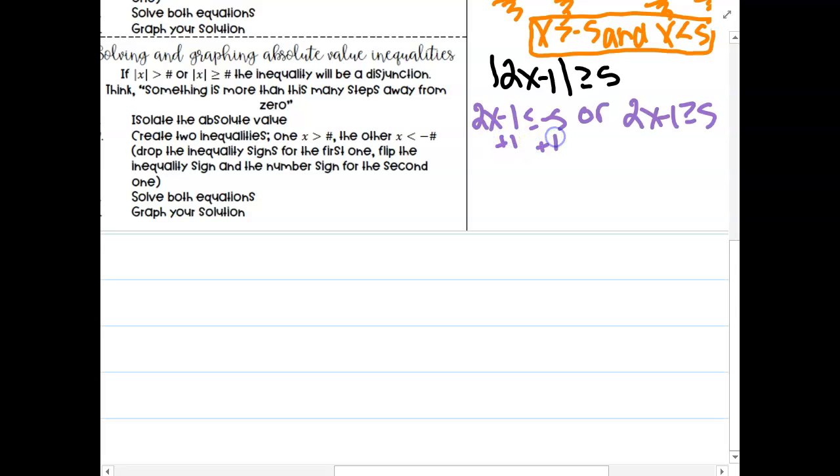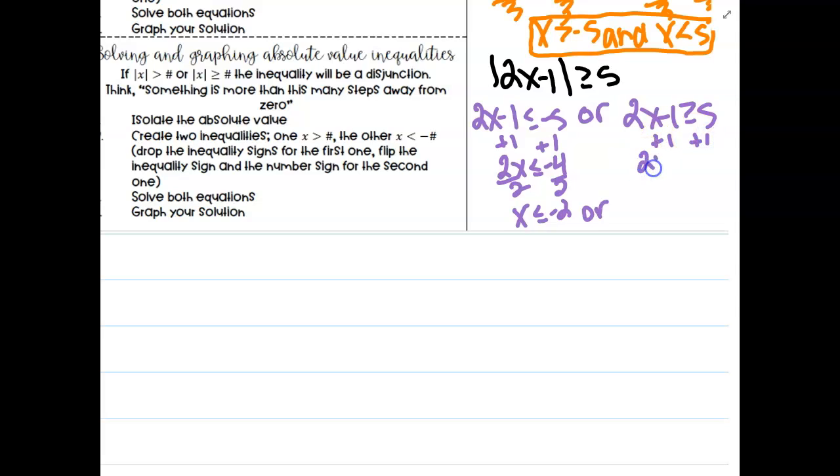So we'd add 1, we'd have 2x is less than or equal to -4. Divide by 2, we have x is less than or equal to -2. Or, solve this one over here, add 1, 2x is greater than or equal to 6.